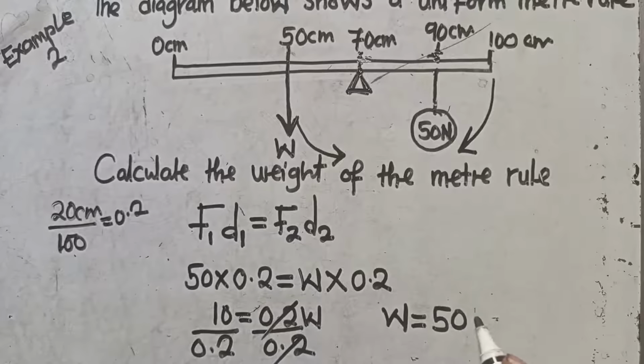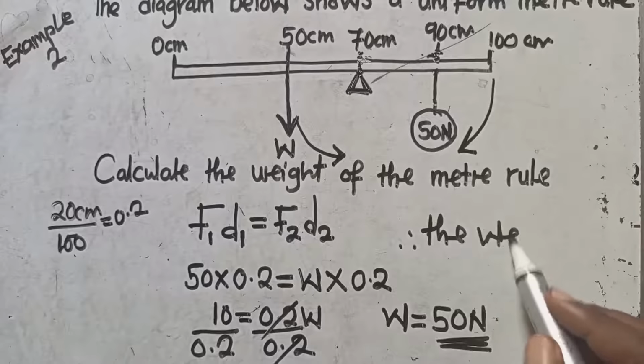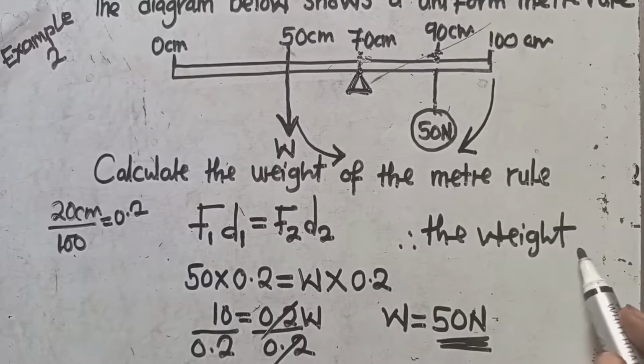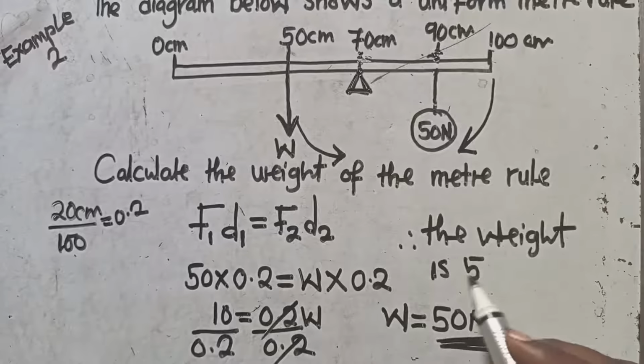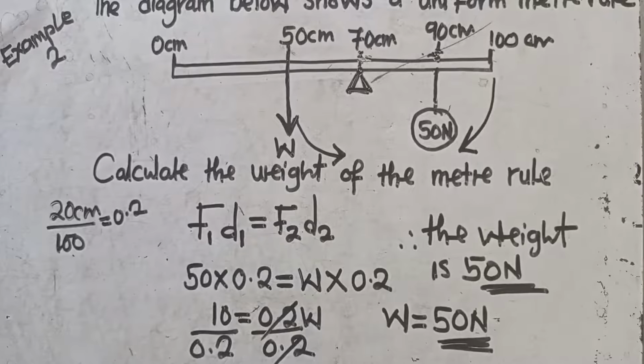The answer is 50 what? 50 newtons. So this is the weight. I will just say, therefore, the weight of the meter rule is, the weight is what? 50 newtons. So I'm done. This is what you are supposed to do. Just like this. The same way I'm answering, this is the same way you are supposed to answer.